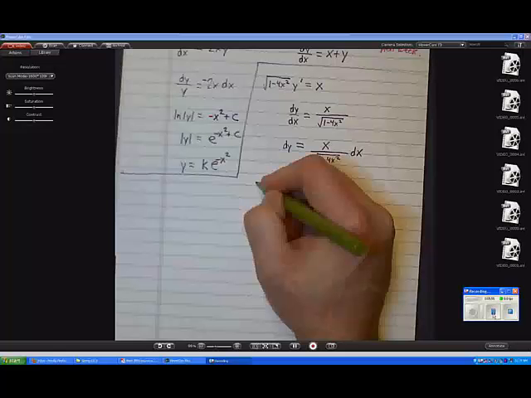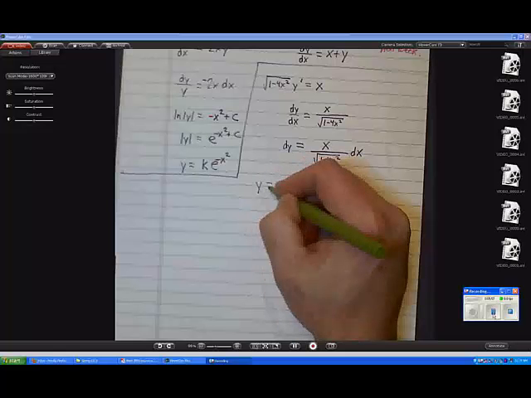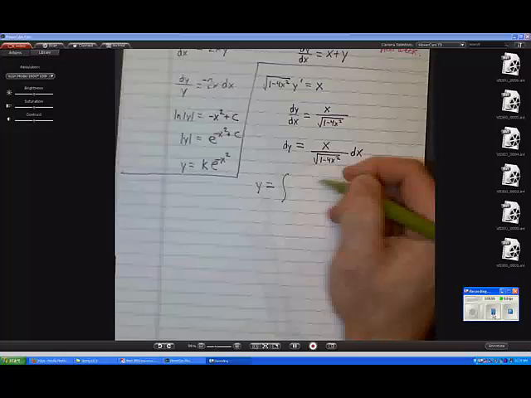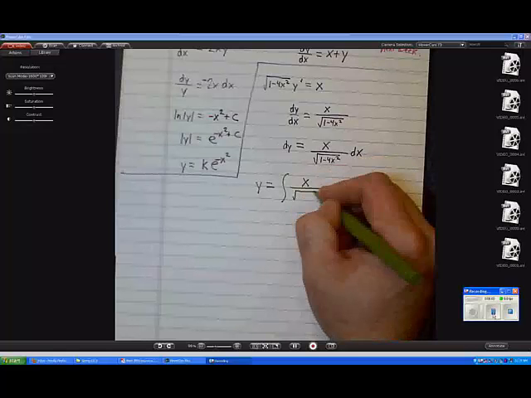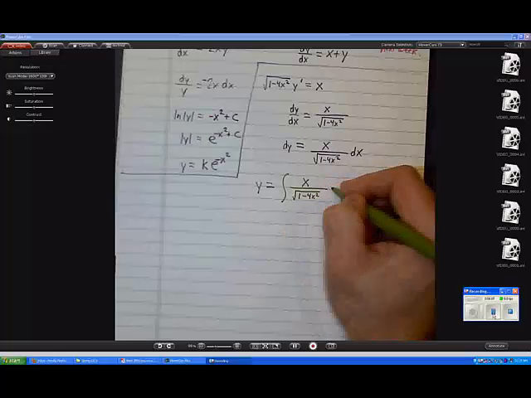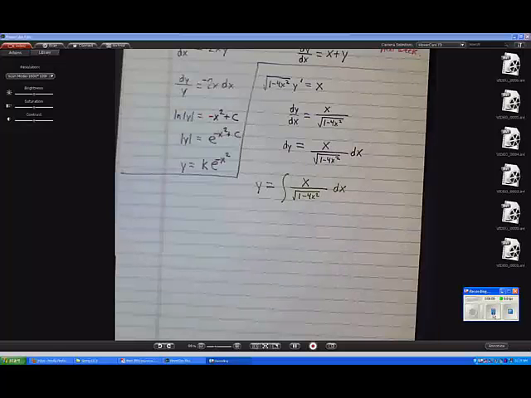And so y is equal to the integral of x over the square root of 1 minus 4x squared dx. Right? That is the answer. Are you with me? That's not the answer the book's going to have, because what's the book going to do? They're going to integrate it. Okay? And we should integrate it, and I will in a moment.